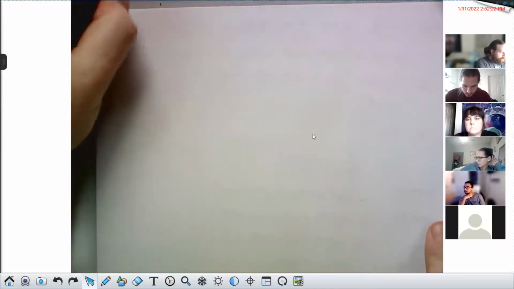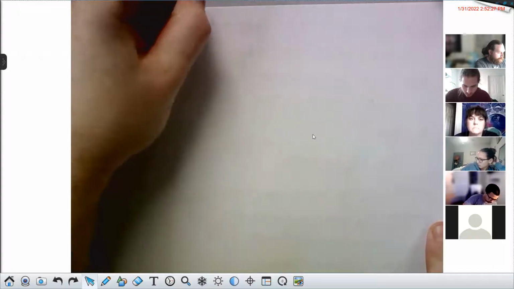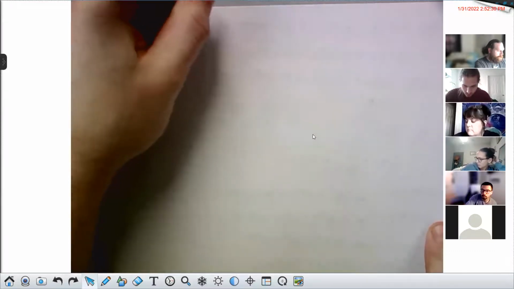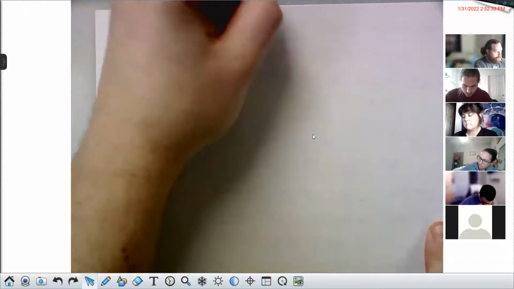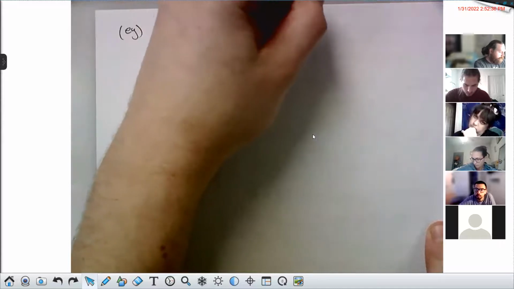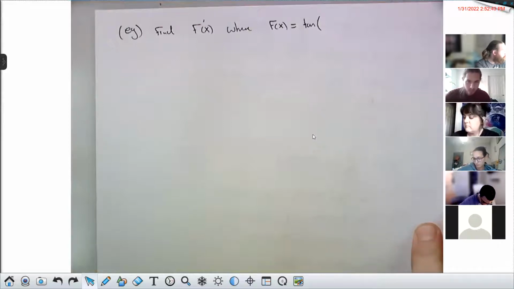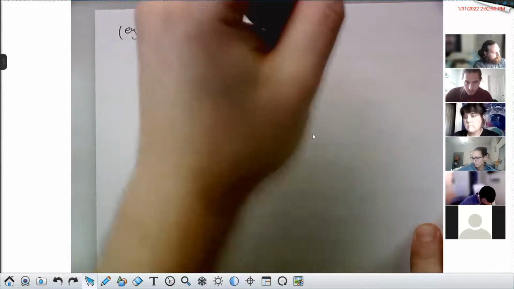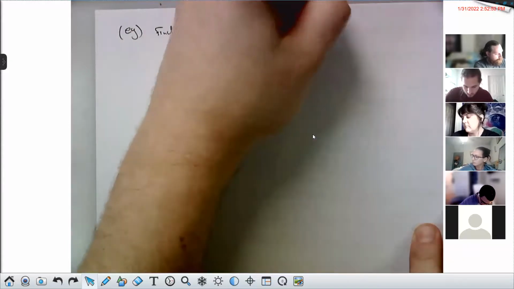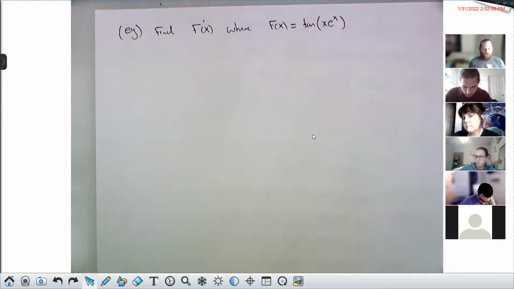This time, rather than doing a whole tangent line thing, let's just find, we'll call it capital F this time, capital F prime, where capital F of x is, how about the tangent of x e to the x.